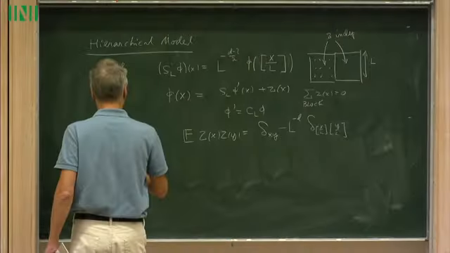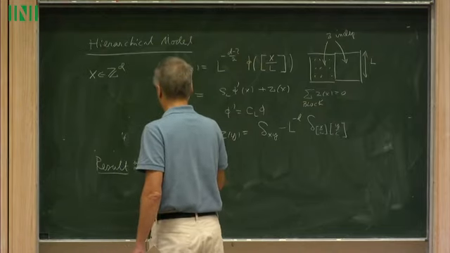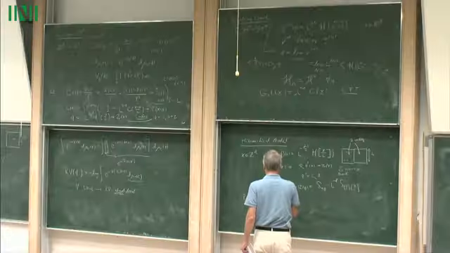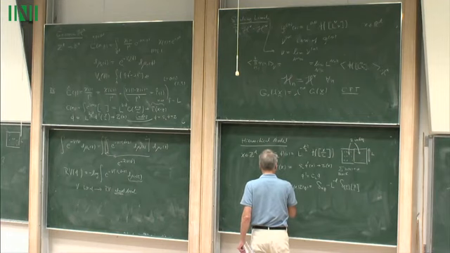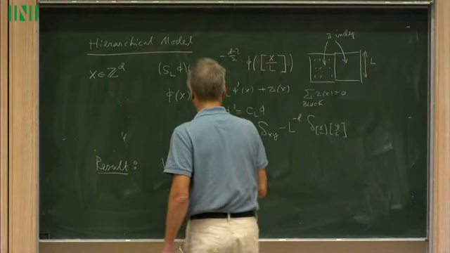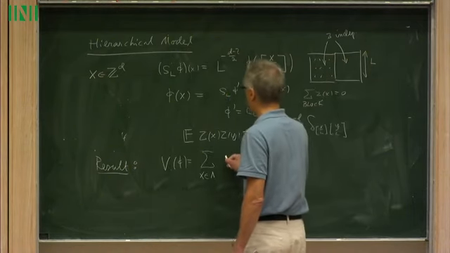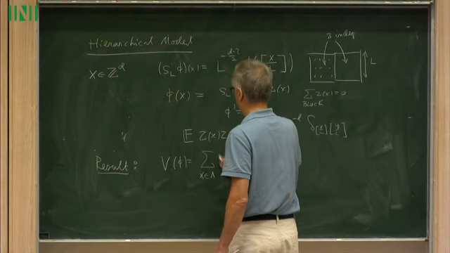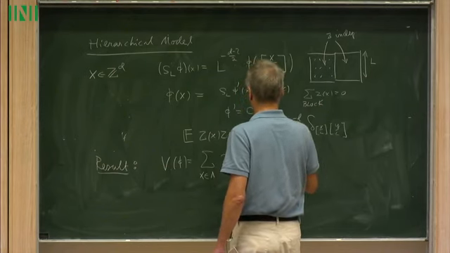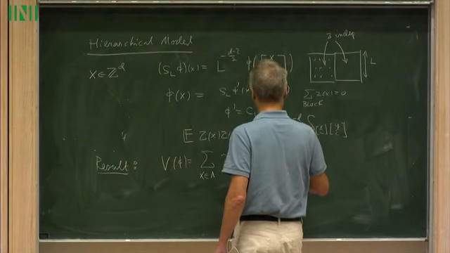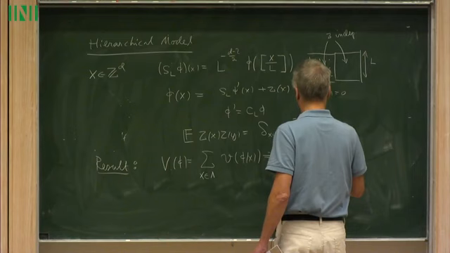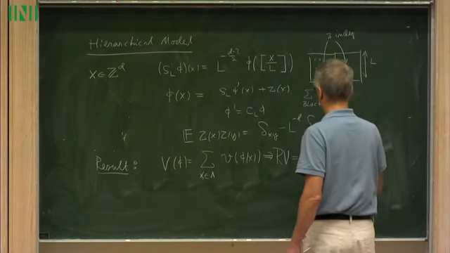And the main point of the hierarchical model is the following. If I take V, like here, I define it like there. If V of phi is a sum over x in some box Lambda of V of phi of x, then the renormalized V is also a local thing, just in a smaller box.